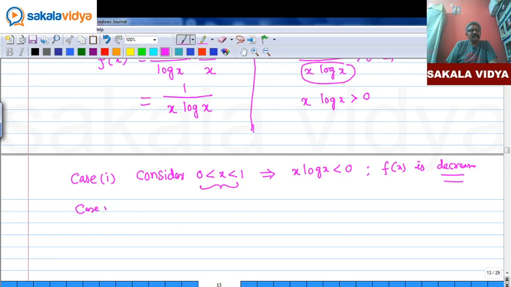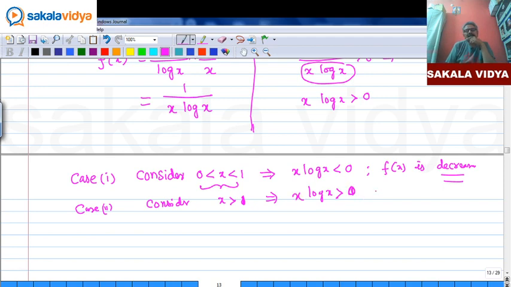Consider case 2, x greater than 1. Then log x is greater than log 1, which is 0, multiplied with x.